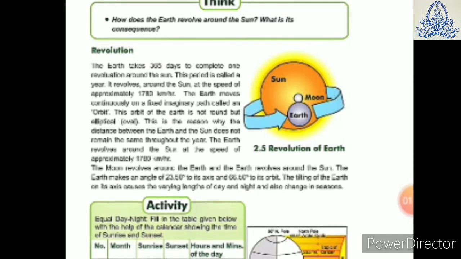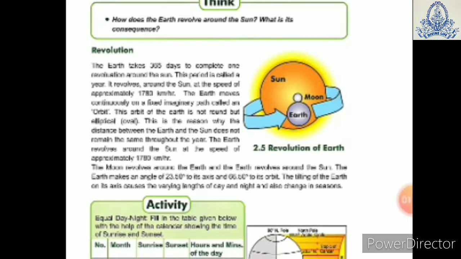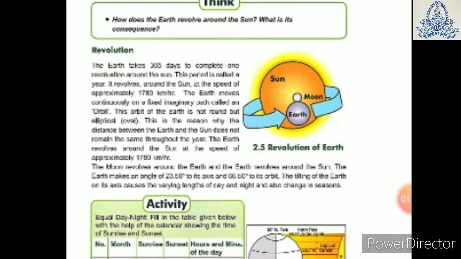shape. This is the reason why the distance between the earth and the sun does not remain the same throughout the year.